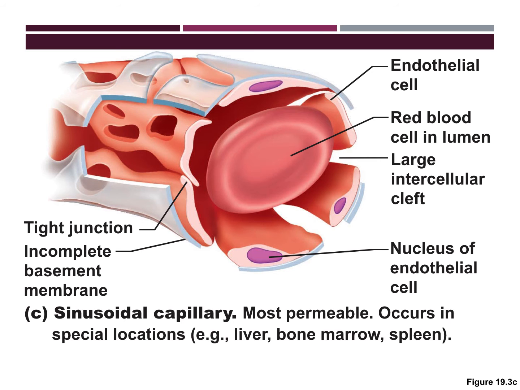Okay. So again, the thing you should be noting here is these large holes that are found in these endothelial cells, and also quite a bit of space in that cleft in between the cells. So the intercellular cleft is much more pronounced and large in sinusoid versus continuous.